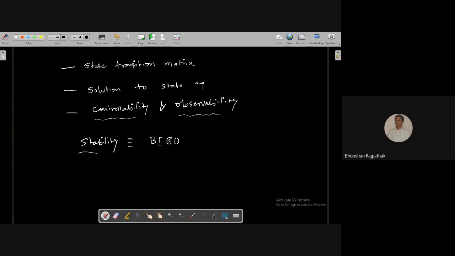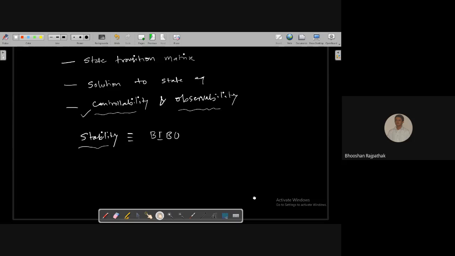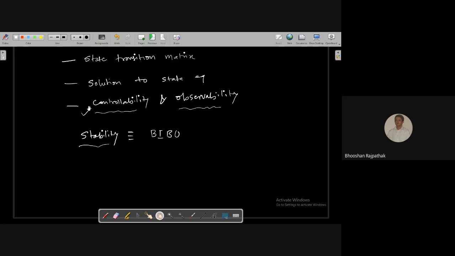But apart from this notion of stability, we have another notion called controllability. This needs to be understood because problems on controllability and observability will require this notion. Finding controllability is easy, but very few times they will directly ask you to check controllability.